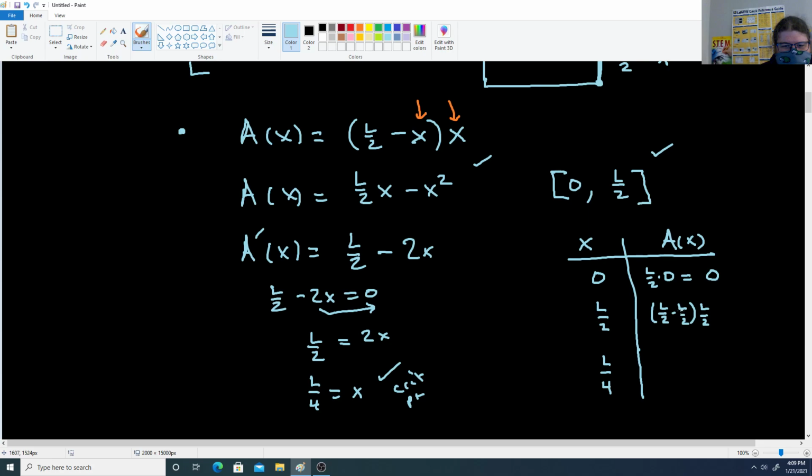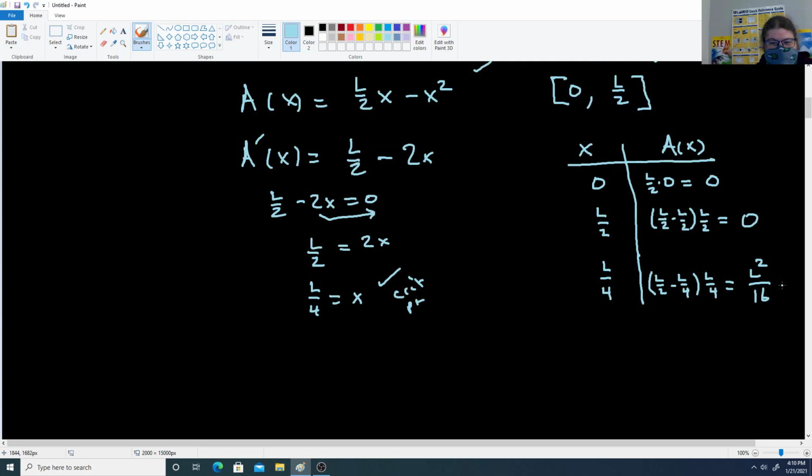But L over 2 minus L over 2, that's 0, so I get 0 times L over 2, which is 0 again. If I put L over 4 in there, I get L over 2 minus L over 4, all that times an L over 4. L over 2 minus L over 4 is L over 4. L over 4 times L over 4 is L squared over 16. So this right here is the maximum area.